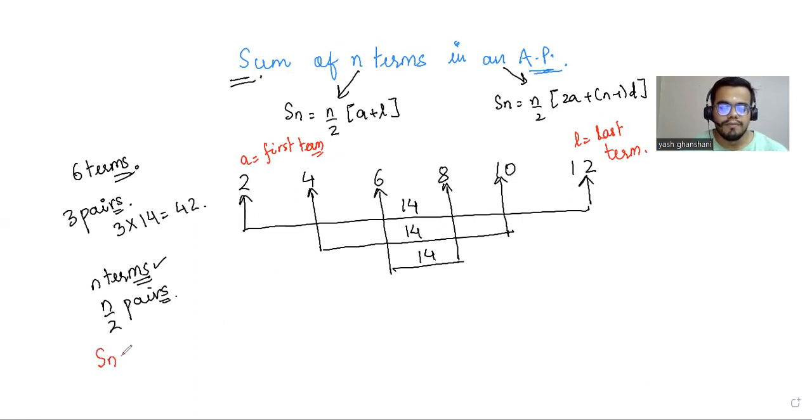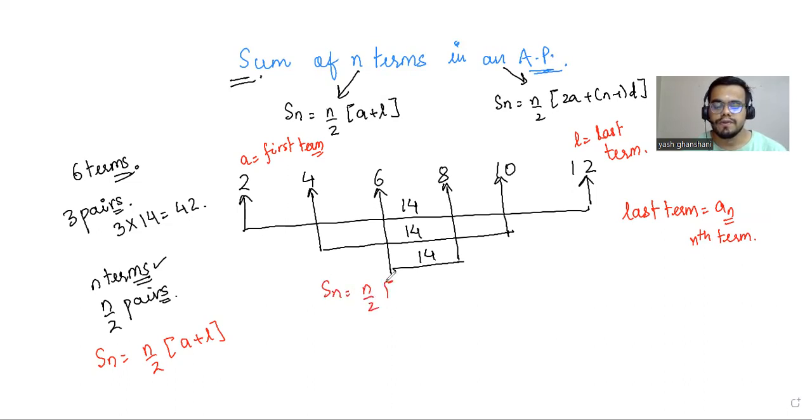So we can say that the sum of n terms would be the number of pairs times the sum of each pair, that is a plus l. This last term could also be considered as the nth term, an. So we can write this formula of Sn as n by 2 (first term plus nth term), right? And we have read how we can represent this nth term or the general term.